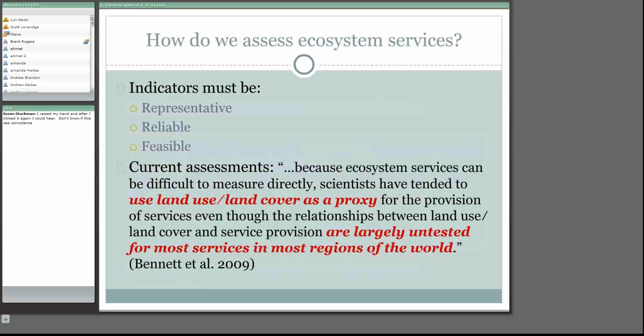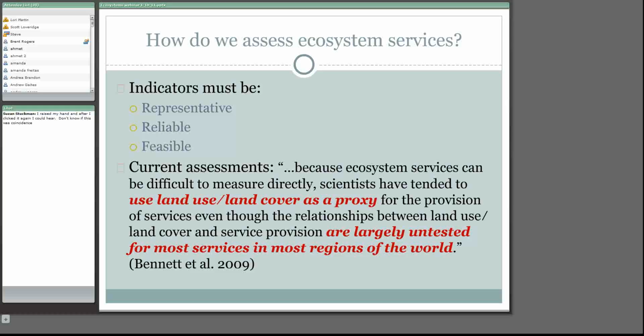And some of the current assessments that have been done. If we look at a quote from a paper by Bennett, it says, because ecosystem services can be difficult to measure directly, scientists have tended to use land use, land cover as a proxy for the provision of services, even though the relationships between land use, land cover, and service provision are largely untested for most services in most regions of the world.